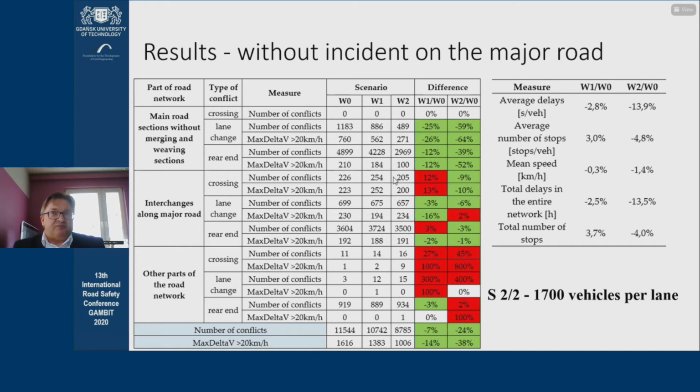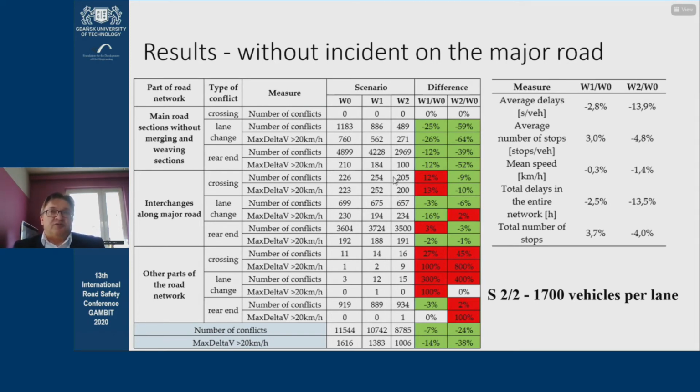There is an improvement in terms of road safety, especially if the speed limit information is provided by a series of VMS. Delays are shorter and there are fewer stoppages. When it comes to safety based on the number of conflicts, we can see a significant improvement on the main road, but also at interchanges.